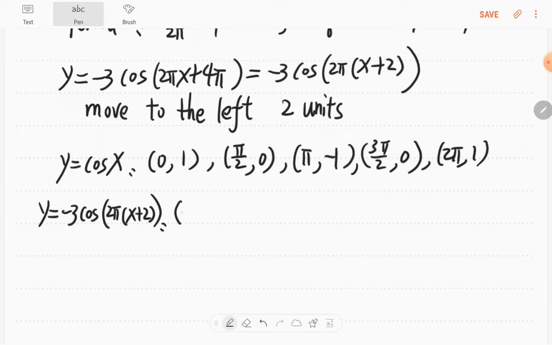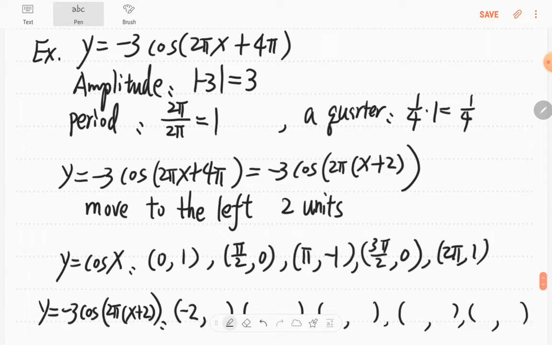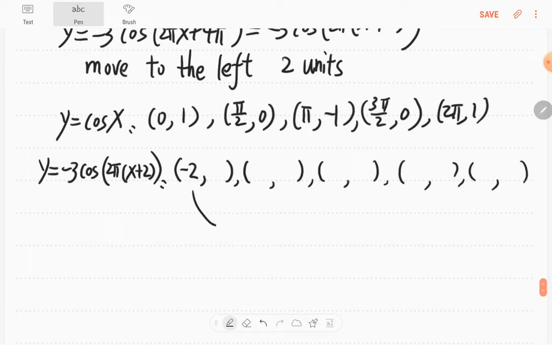So the x coordinate 0 becomes negative 2. Our period is 1, so the quarter is 1/4. Increased by 1/4, it becomes negative 7/4.